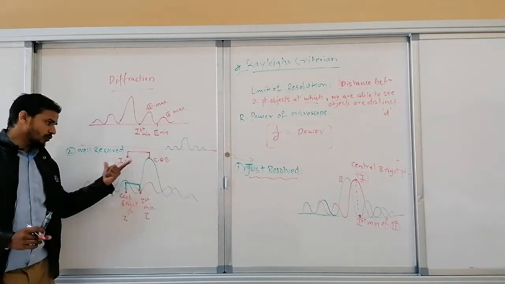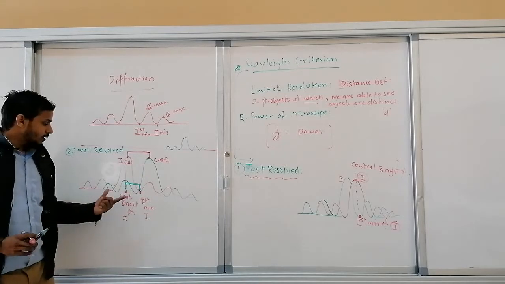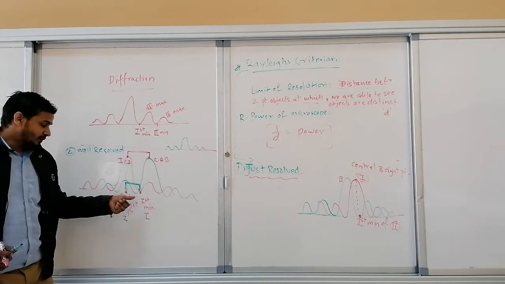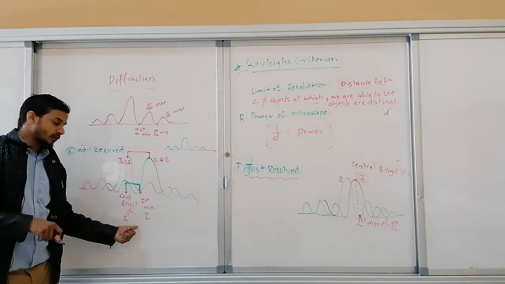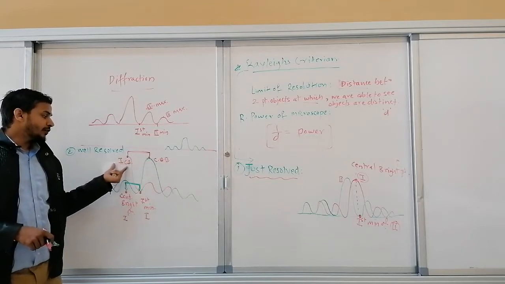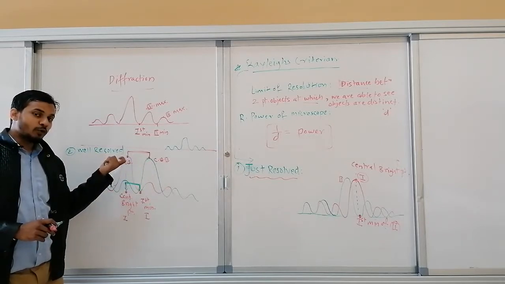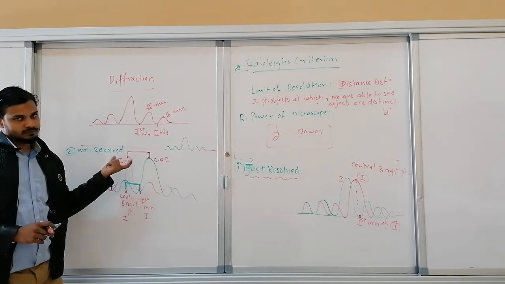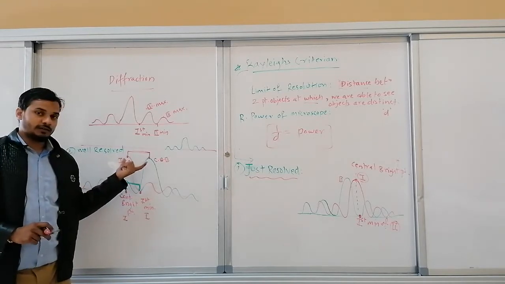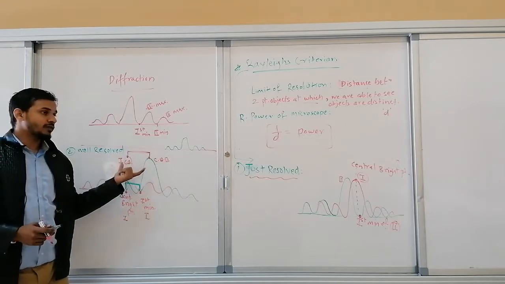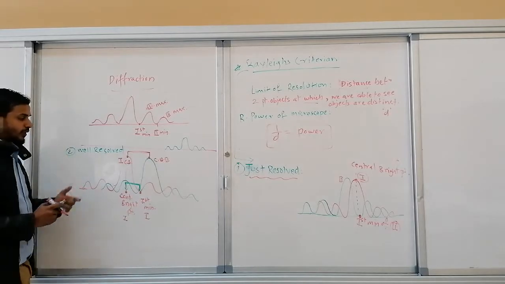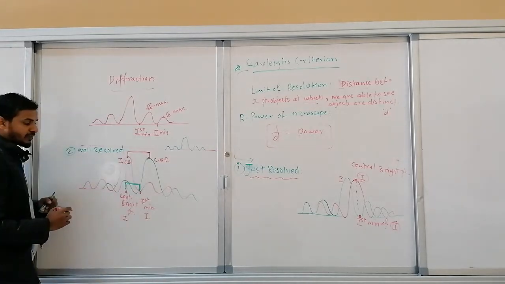Keep in mind only these names. The distance between the central bright point of the first wave and the first minimum of the first wave, if it is less than the distance between the central bright points of both waves, or both diffraction patterns, or both point objects. We are just comparing the distance.